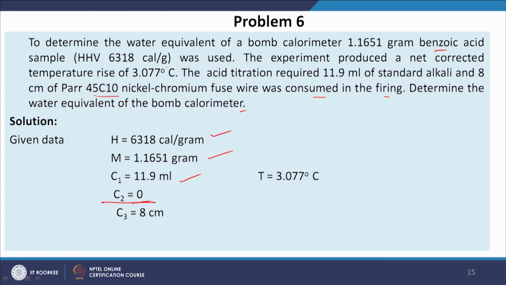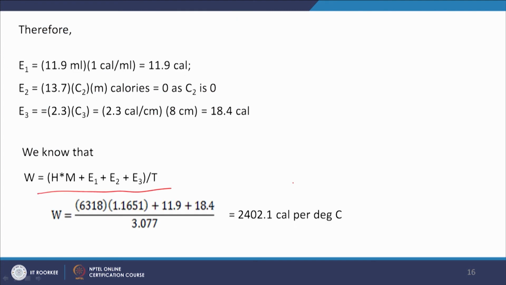So, sulfur content is equal to 0, or C2 equal to 0, so E2 will also be 0, and C3 is 8 centimeter as given. T, or del T, equals 3.077 degree centigrade. By putting in these values, E2 becomes 0, E1 is 11.9 into 1, equal to 11.9 calorie, and E3 is equal to 2.3 into C3, 2.3 into 8, equal to 18.4 calorie.